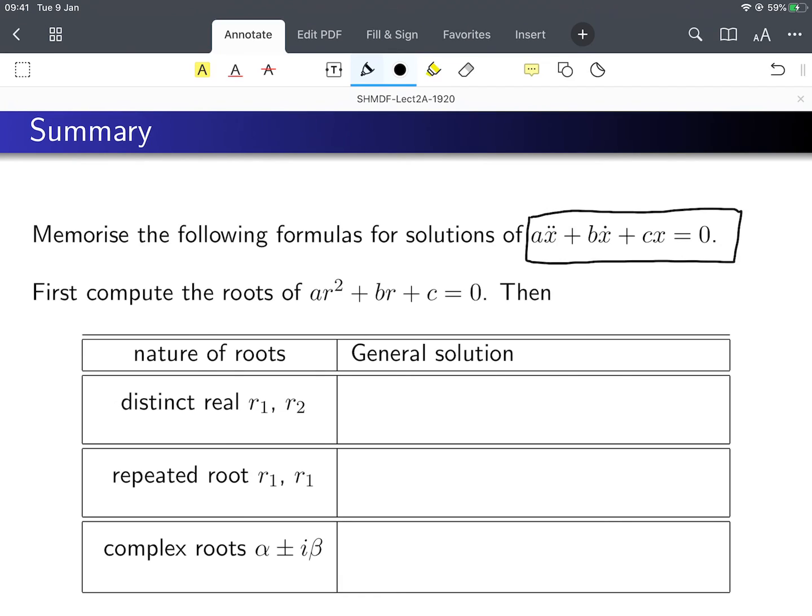There could be two distinct real roots. In that case, the general solution is going to call the constants C1 and C2. You can call them A, B or C, D. And that's called overdamping.